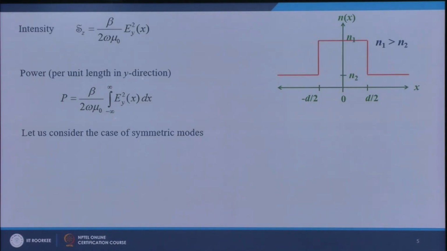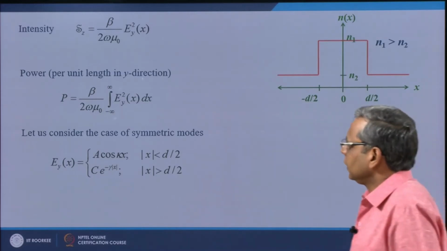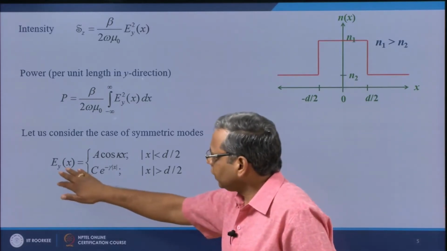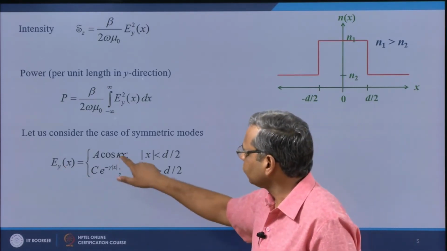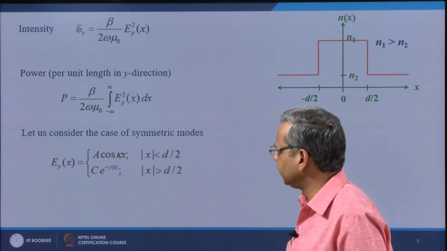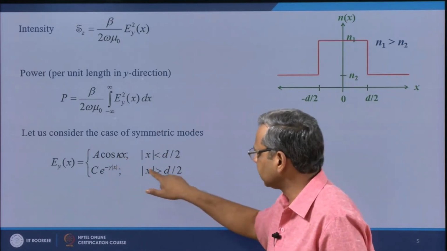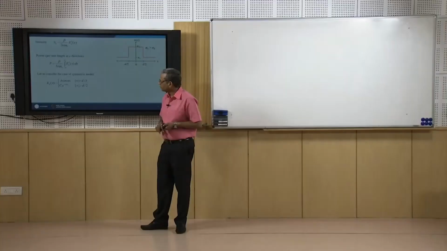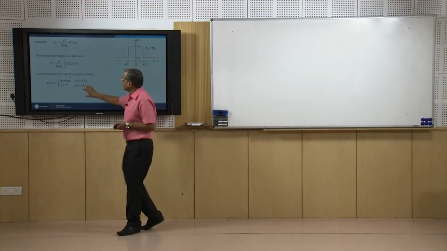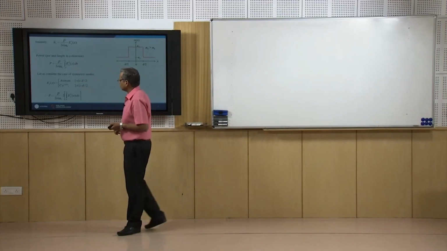So, let us consider the case of symmetric modes to evaluate this. The modal field for symmetric modes is given by a cosine kappa x for mod x less than d by 2, and c e to the power minus gamma mod x for mod x greater than d by 2.